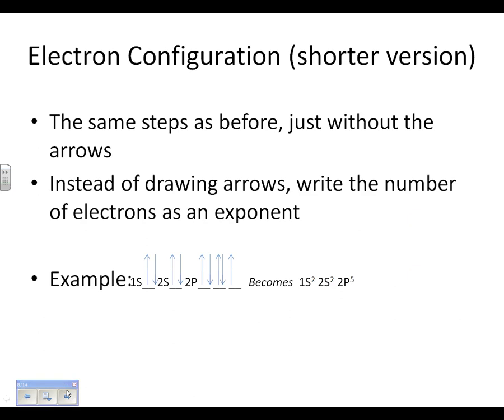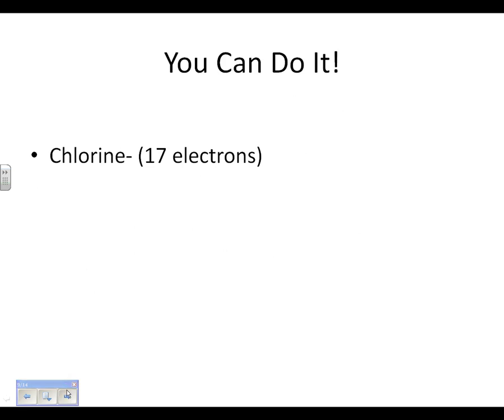Now let's go over the shorter way to write an electron configuration. For this one, you just have to write the orbital and the number of electrons on the orbital. No arrows needed. Let's go over the configuration of chlorine in the shorter form. Again, we always have to write down the number of electrons, 17e minus.